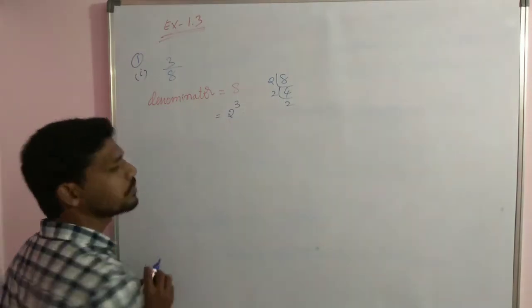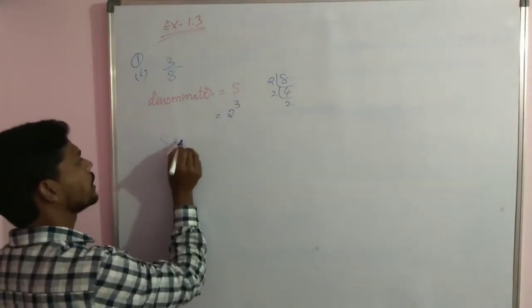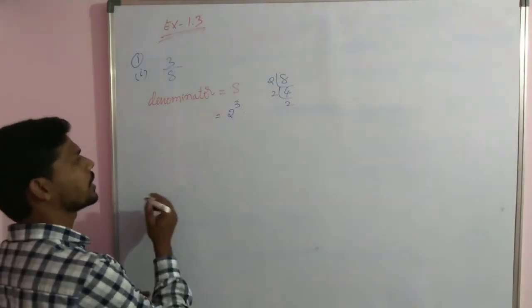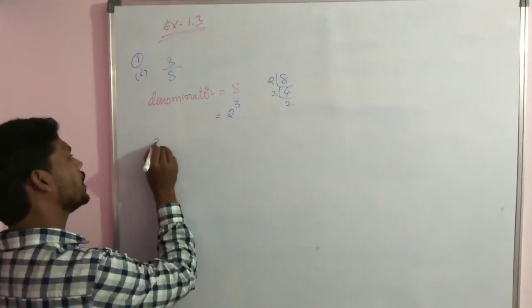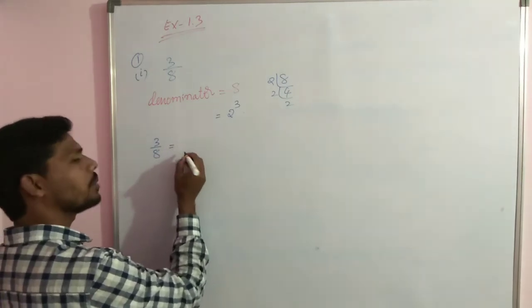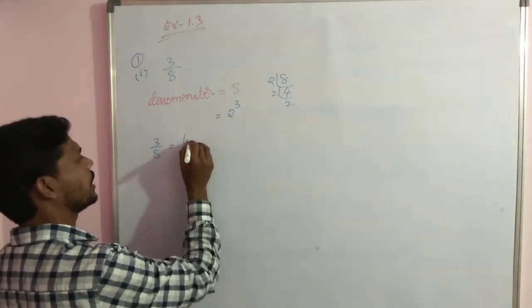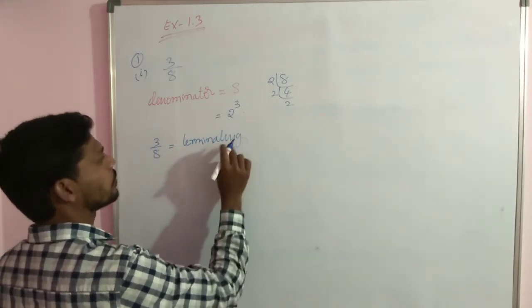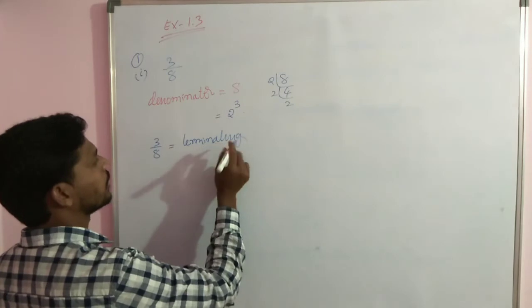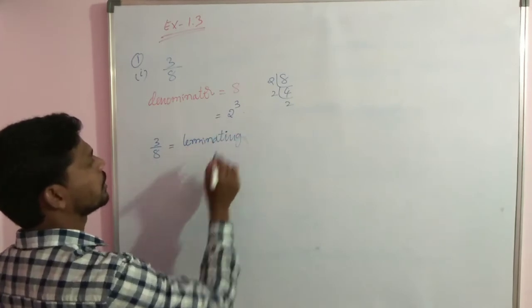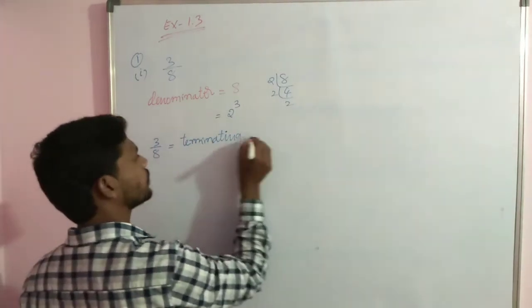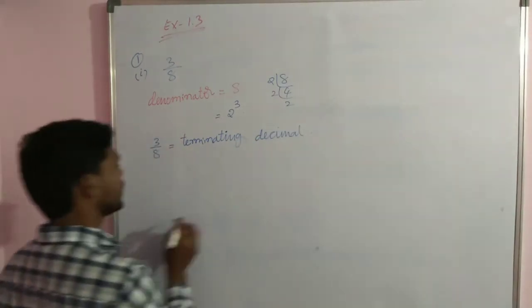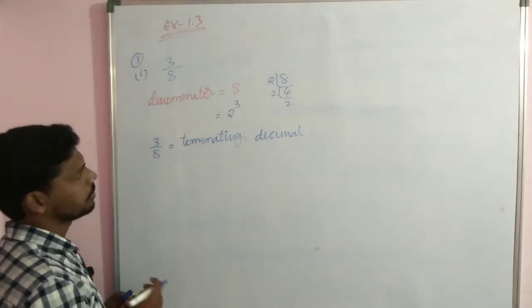So 8 is in the form of 2 powers. So we can say 3 by 8 is a terminating decimal. So we have to write this in the decimal form.